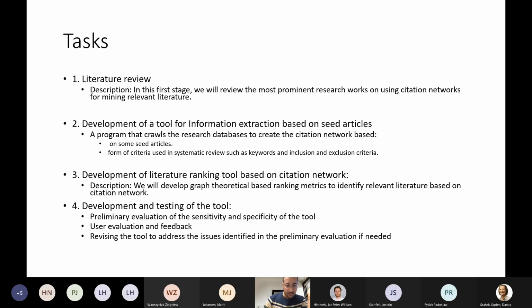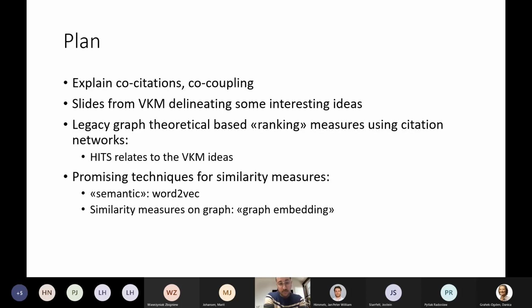So now I will go to the plan for this presentation. I will explain a little bit what co-citation and co-coupling are. It was very nicely covered by Jostein. I will use some of Jostein's slides, because I found it interesting that some of the things Jostein has been speaking about relate to one famous algorithm called HITS, which is based on the idea of co-citation and coupling.